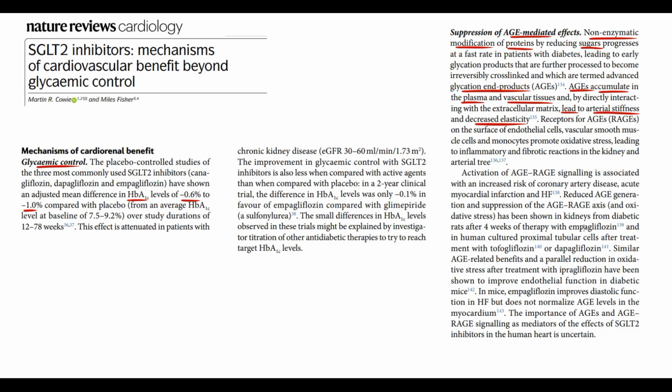SGLT2 inhibitors such as empagliflozin decrease blood glucose level. By this they decrease the rate of glycation, and thereby they decrease formation of AGEs. First of all, this reduces oxidative stress in tissues, and also it improves endothelial function in case of diabetes.